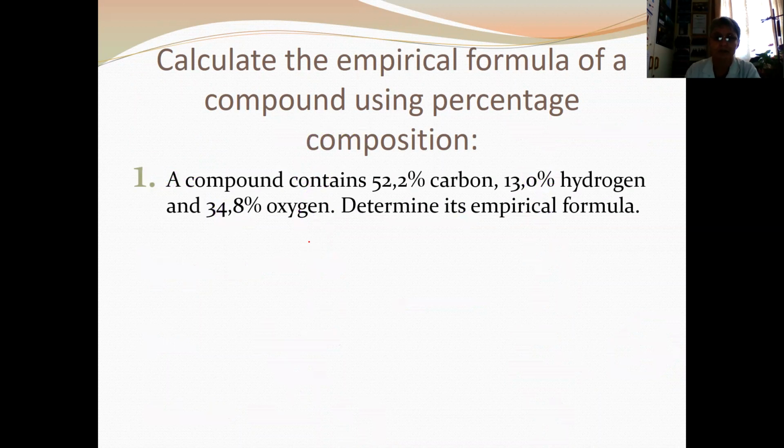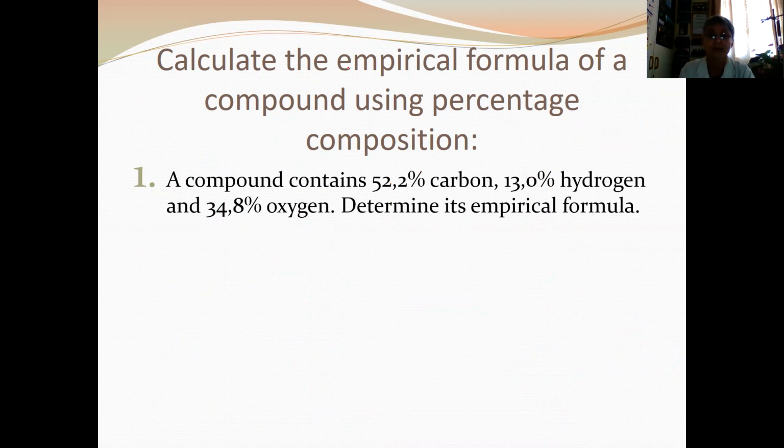So the first calculation: a compound contains 52.2% carbon, 13% hydrogen, and 34.8% oxygen. Determine its empirical formula. So this is a step-by-step method in how we will tackle this problem.